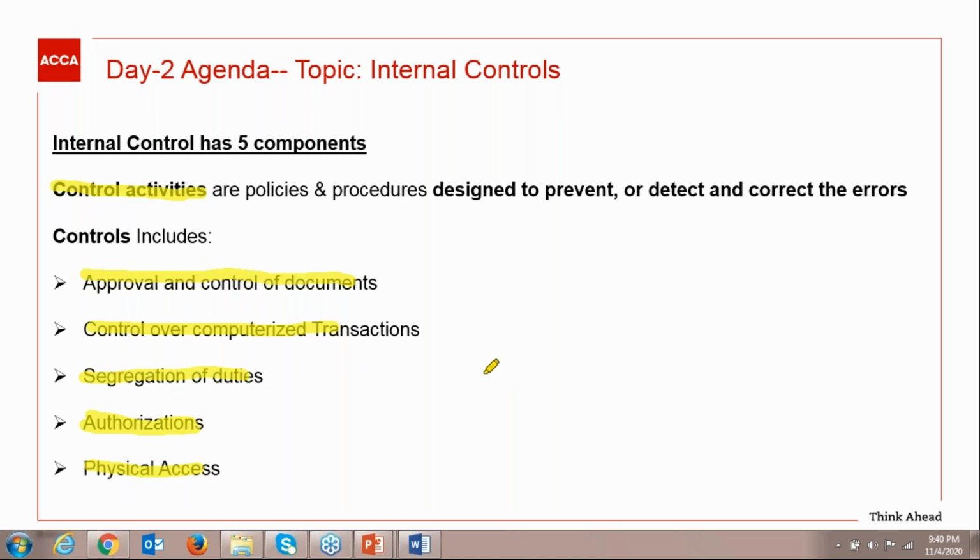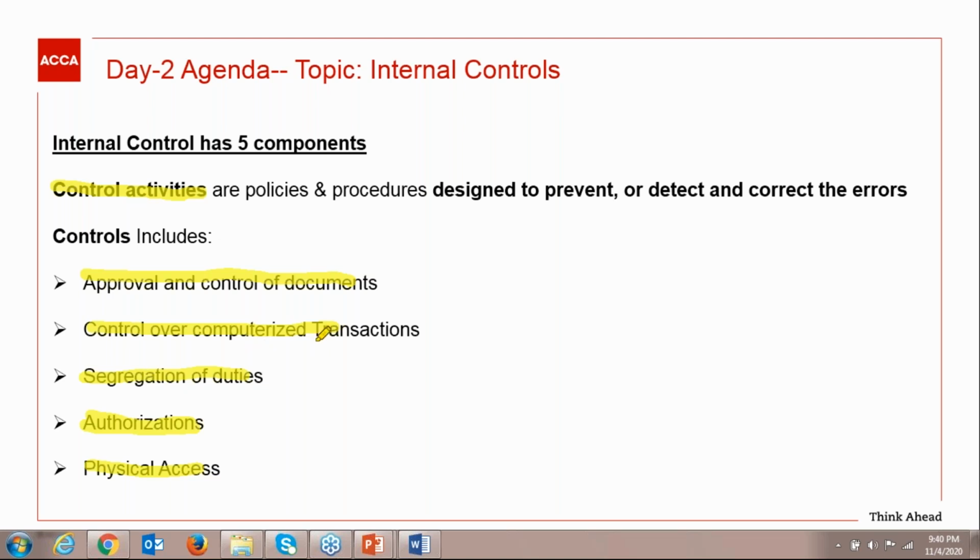You have placed the internal control with the help of control activity. You have understood what the control objective was. Now you are going to place the internal control. So in the purchase department, you will do the segregation of duties among three different personnel. So that's the internal control you have made with the help of control activity.